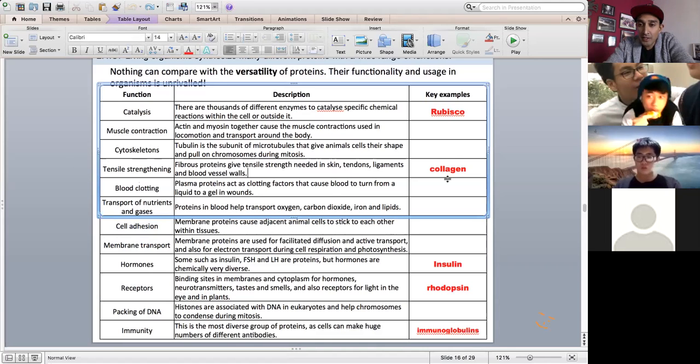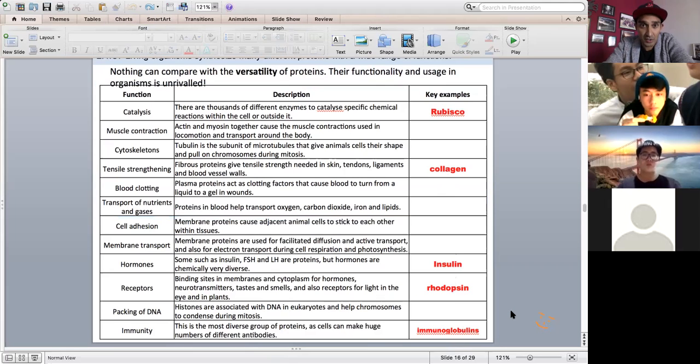But the ones over here in red on the right-hand side, the key examples, you do need to know these examples, and they're the same ones from that table that I just showed you. That's why I want you to fill out what their function is, specifically 1, 2, 3, 4, 5, and then there's one more for spider silk.